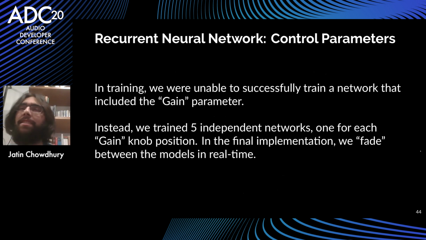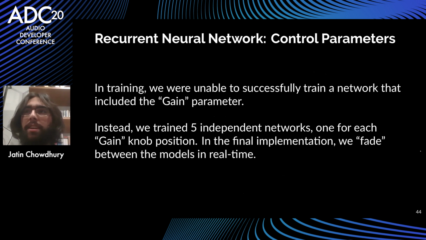Coming back to this gain parameter, I was not able to train a network that had learned the gain parameter successfully. I'm not 100% sure why this is. I tried a bunch of different things. It's possible that I was doing something wrong in my training. It's possible that there's just something special about this parameter that made it very difficult to learn.